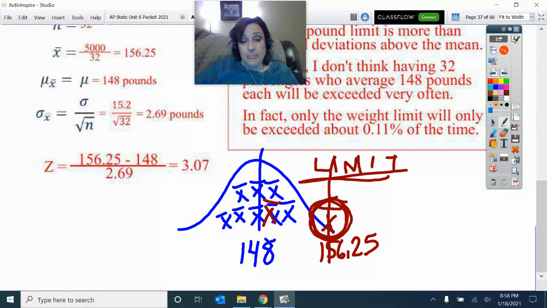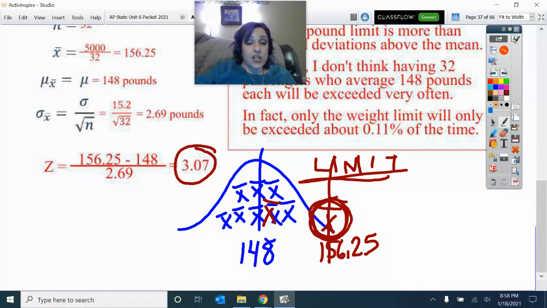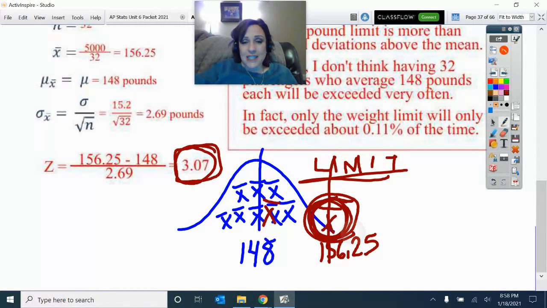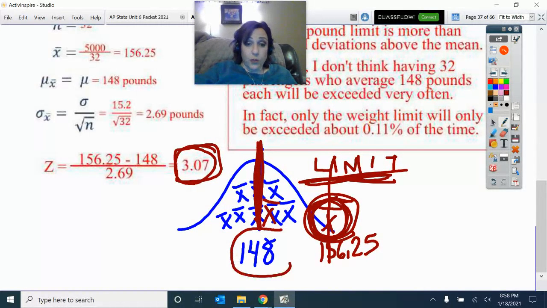Essentially, you have to be 3.07 standard deviations above the mean to be dangerously close to or above the limit. That's good, because it tells us that we're probably on the safe side. If people are really 148 pounds on average, then we're probably not going to have this problem here.